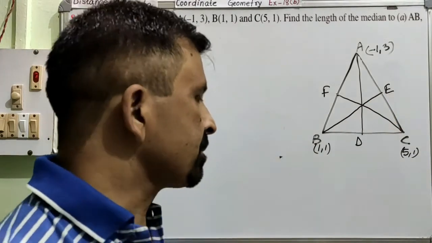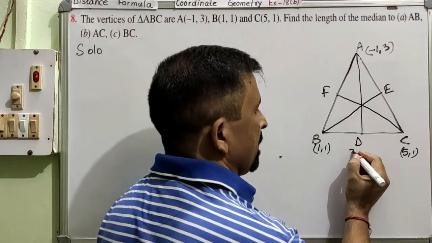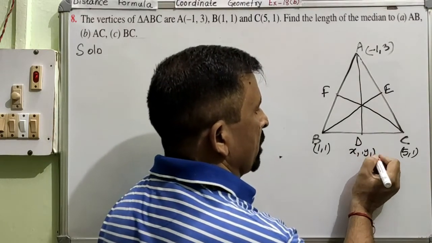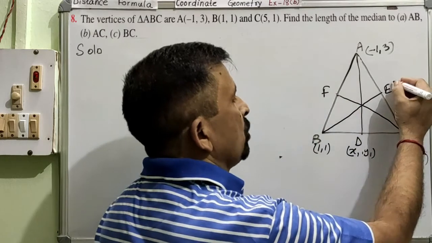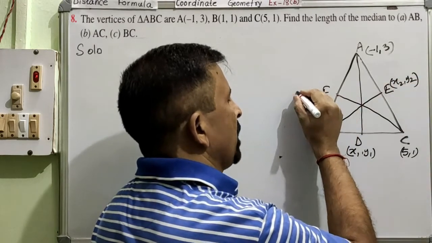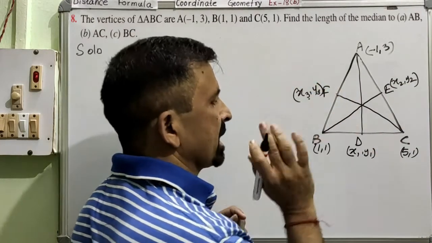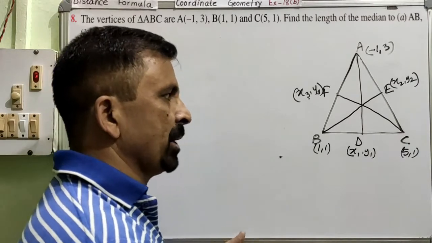Let us see how. First of all, I will write x1, y1 as the coordinates of this one, x2, y2 as the coordinates of this one, and x3, y3 as the coordinates of this point. Clear? Now let us calculate the coordinates of the midpoints one by one.